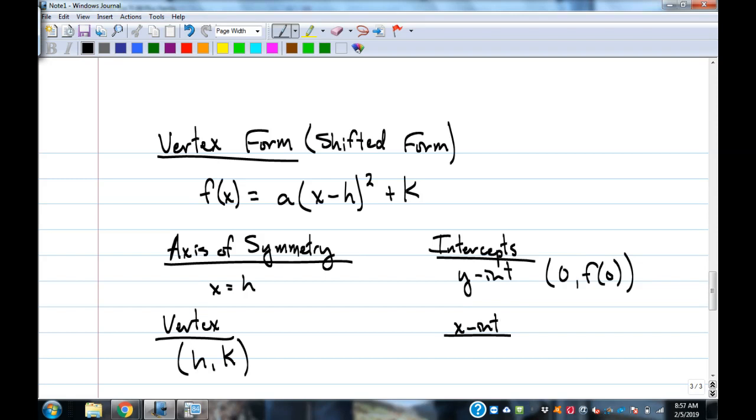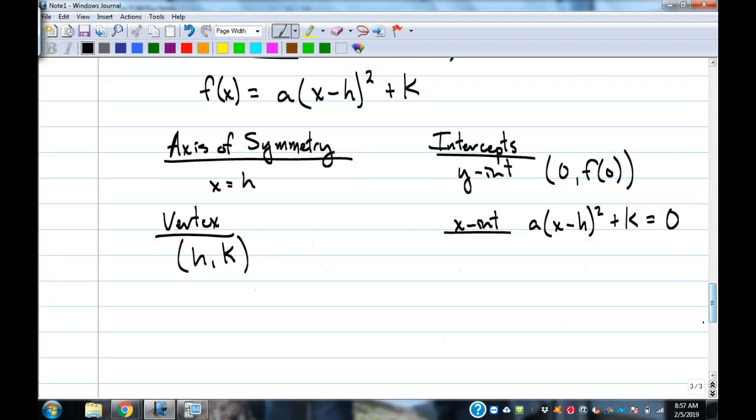Set the problem equal to what? Set the problem equal to 0. We're going to do the same thing with these. The only difference is the method in which we're solving. Solving by square roots is the quickest way to solve for the x-intercepts on a quadratic that's in vertex form.